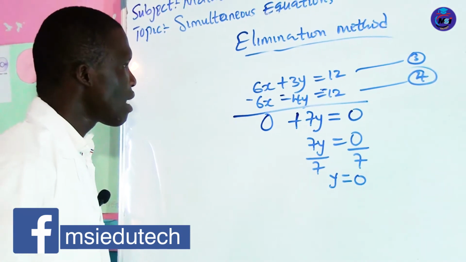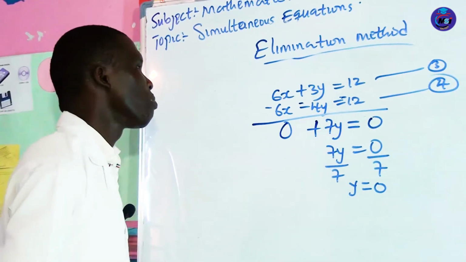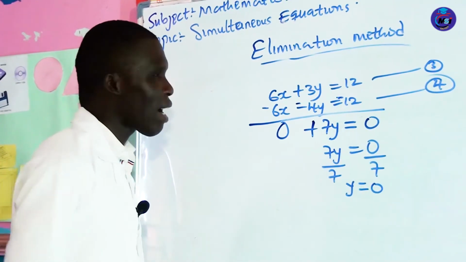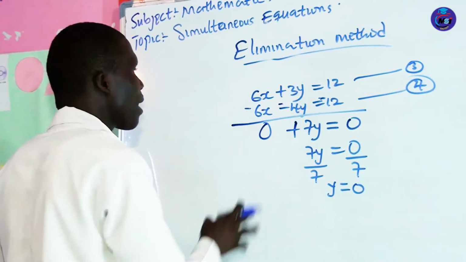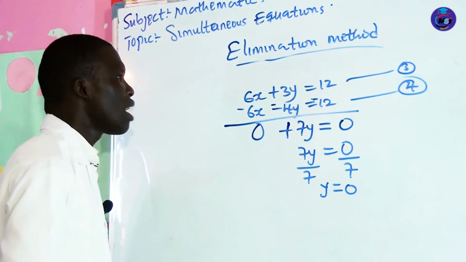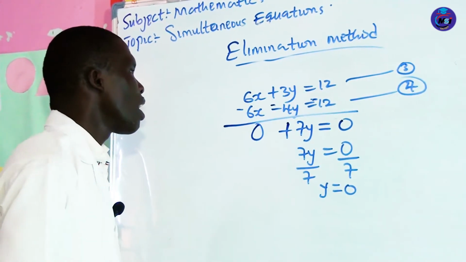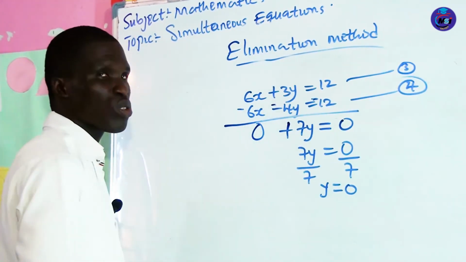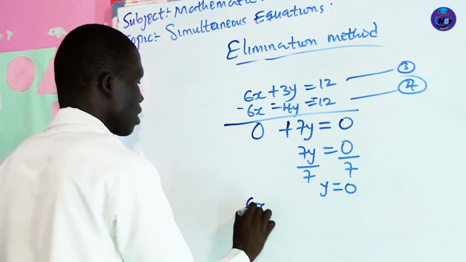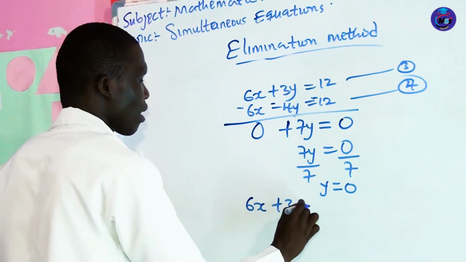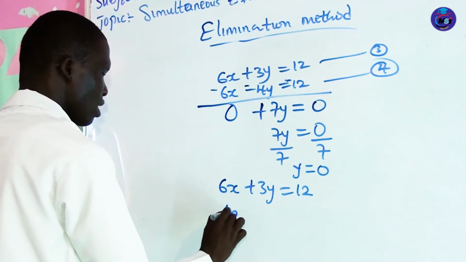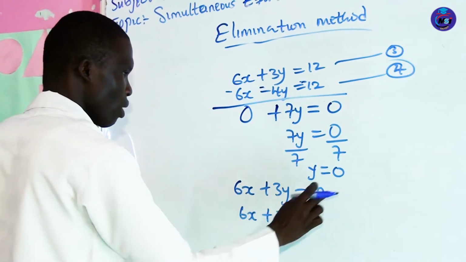Okay? If y is 0, we need to find our x. How can we get our x? We can pick any of these equations to find our x. We can pick equation 3, 6x plus 3y equals to 12. 6x plus 3, what is y?